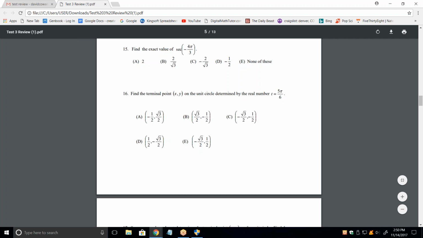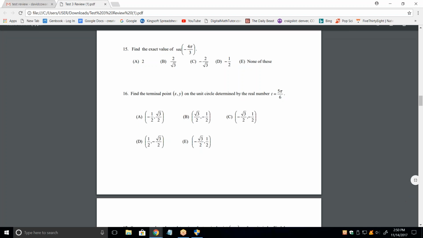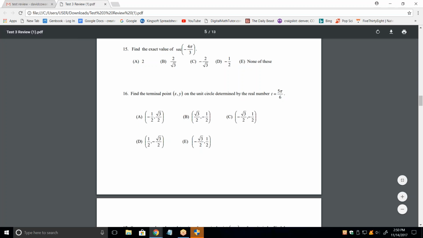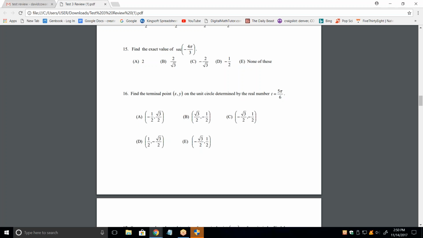It says it's -2. We don't see one of those on there. So, let's figure out what the cosine of this number is. I can tell you what it is.